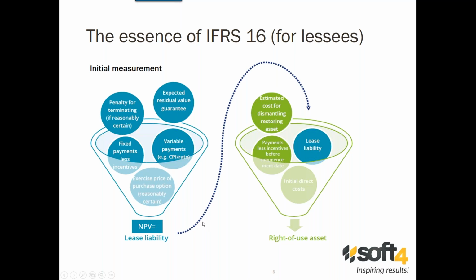So the complexity in software is that when a component changes, let's say your fixed payment changes, or your lease term changes, let's say you decide to extend the lease, or you become sure at the beginning that you will run longer, your lease liability will change, and your right of use asset must change accordingly.